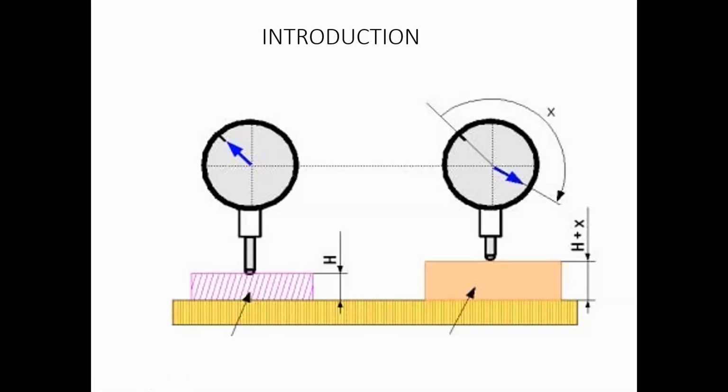Simply it gives the variation when compared with the standard one. That means in the previous case, while placing the slip gauge below the plunger, you set the pointer to zero. By rotating the dial, the pointer is set to zero when the slip gauge of height H is kept below this plunger.